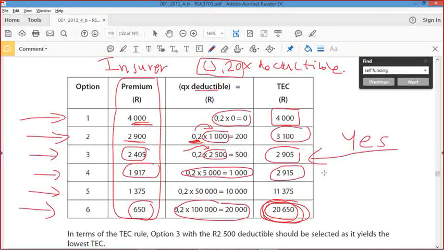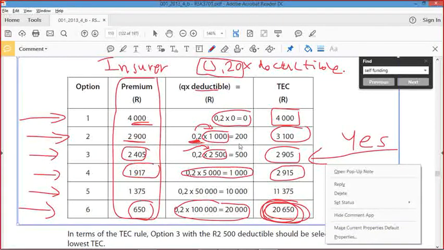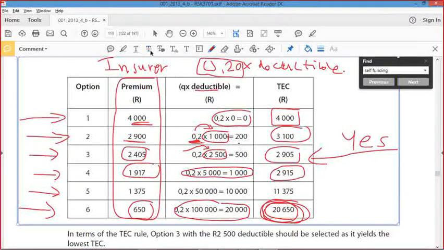You need to have an excess, and there needs to be a premium. But it all depends on your likelihood of being in an accident. If the probability of being in an accident is greater, then this table is going to be very different. Do you agree? Yes. Let's think about it.